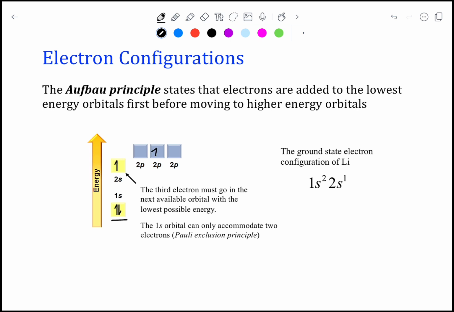So it's not like I could just put an electron there and say, yep, that's lithium. That is not true. The next electron would go into the 2s because 2s is our next highest energy orbital. So we fill from lowest energy to highest energy. We're going to put that next electron in the 2s orbital.